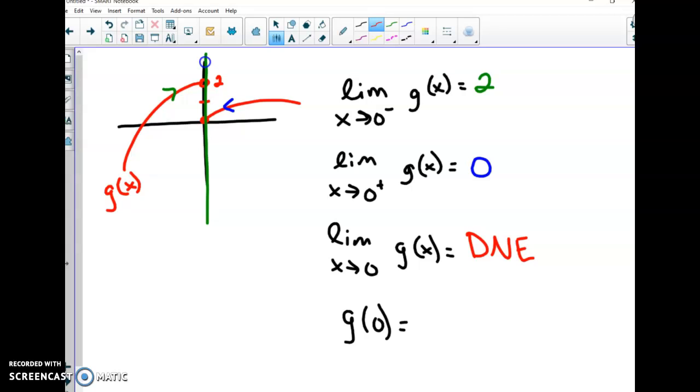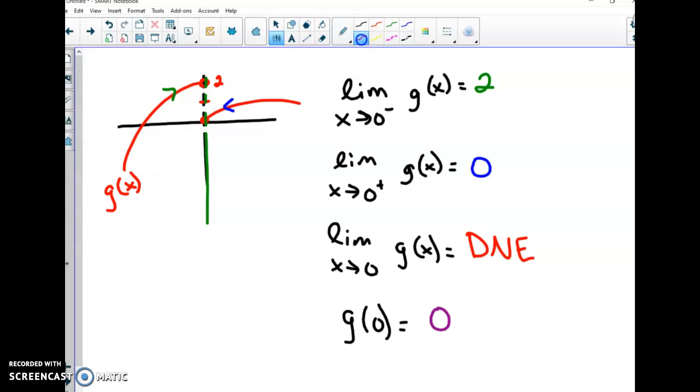Now the next part, which I kind of have to erase a little bit, silly fish, got in the way of my own stuff. g of 0, is that going to be at 2 or at 0? 0, because that's where my closed dot is.